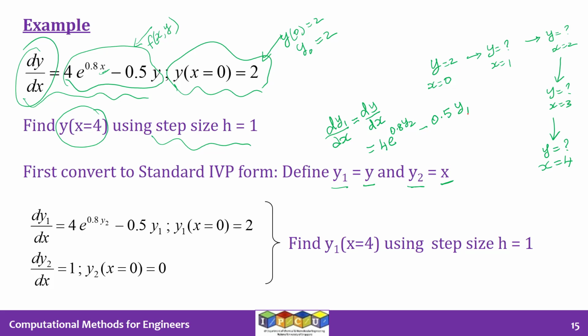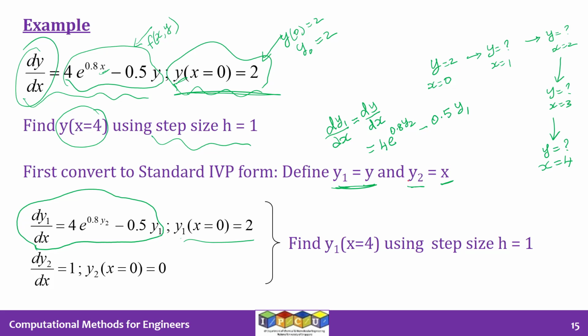So the first equation I get out of this new labeling is dy1 by dx is 4 e to the power of 0.8 y2 minus 0.5 y1. And the value of y1 at x is equal to 0 is 2. Instead of saying y, I'm calling it y1 because y1 is the same as y.